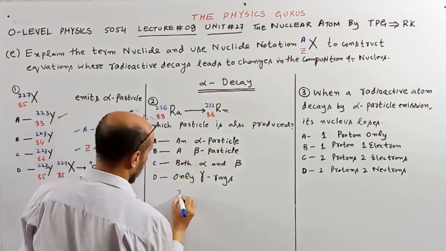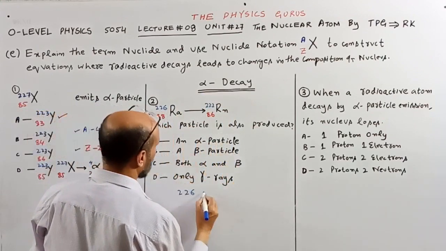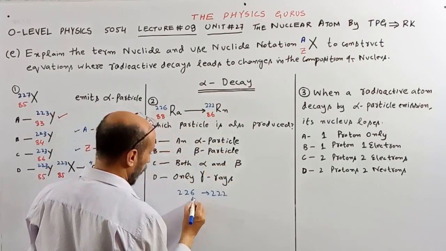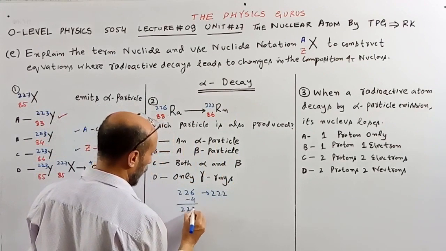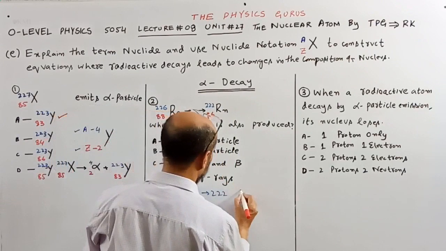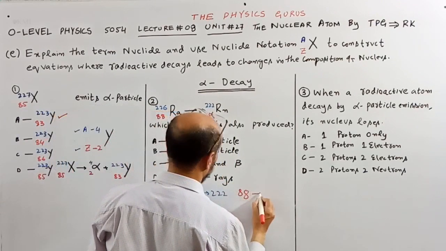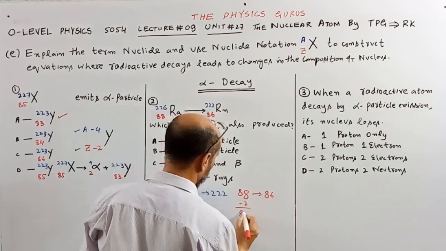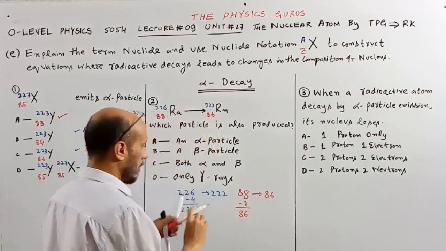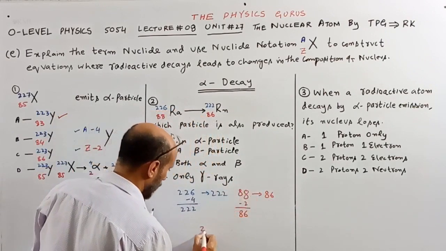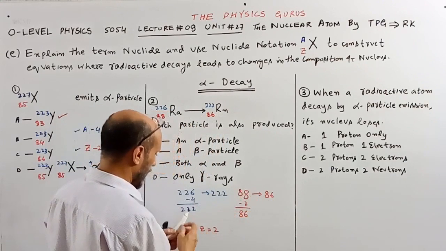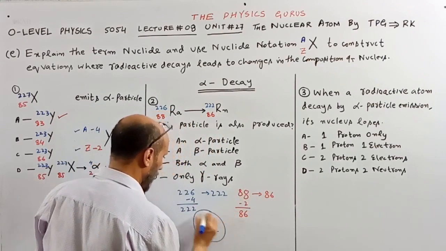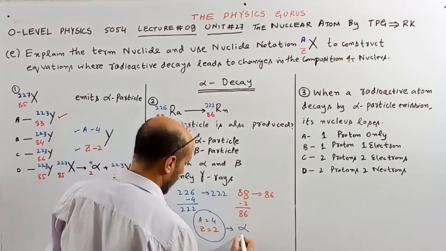Its value was 226 and it was converted into 222, so obviously 4 was subtracted. And 88 was converted into 86, so 2 was subtracted. It means the value of Z is 2 and the value of A is 4, and that is possible only in case of an alpha particle.